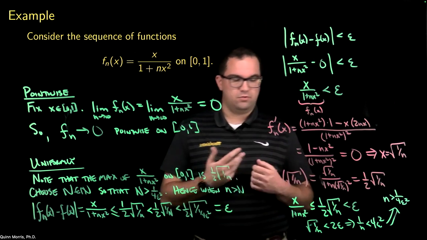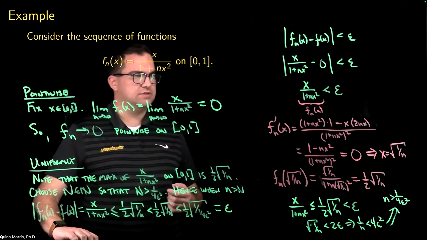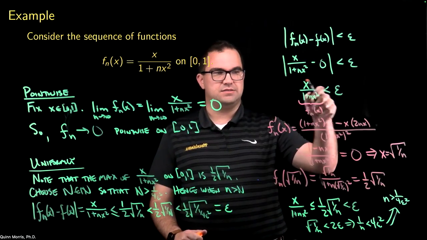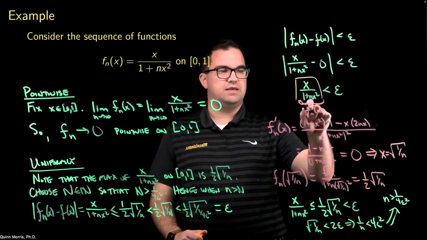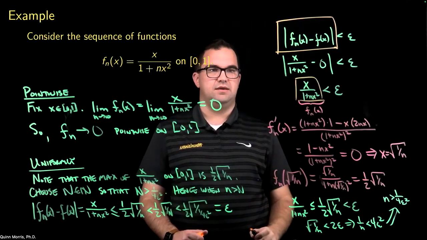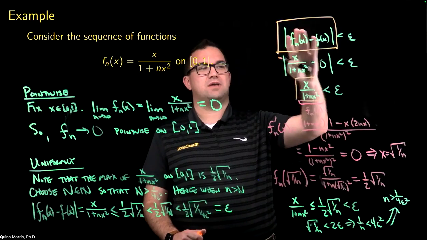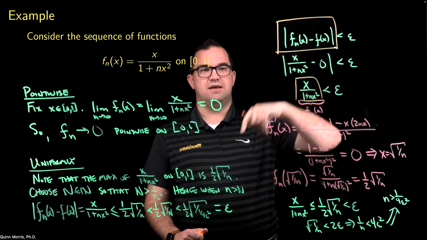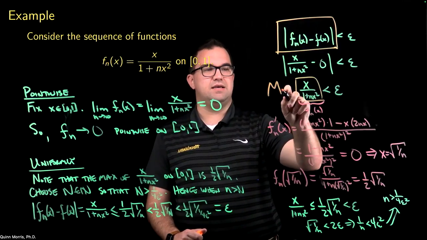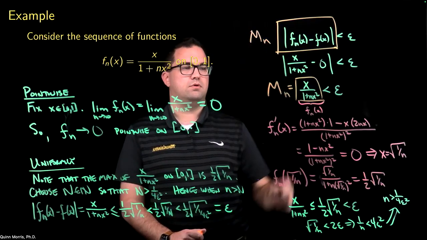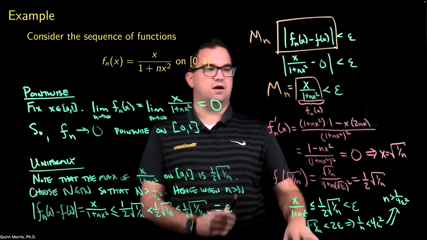Okay. And one of the things that I want to point out here is that what we really did, yes, this is f sub n of x, but I can also think of this as being this quantity. In this particular case, f sub n of x is equal to the absolute value of f sub n of x minus f of x.